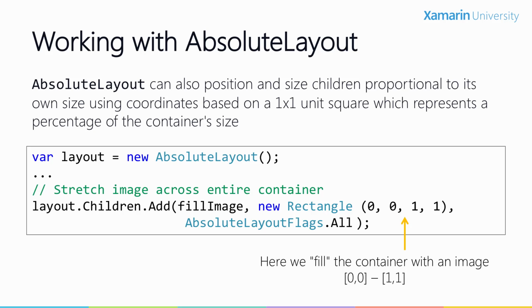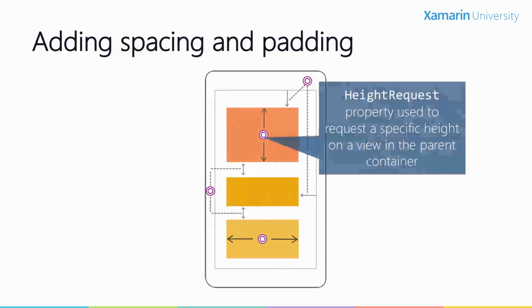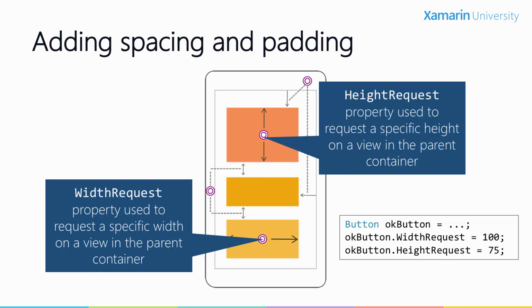But think back to the demo that we saw before. In this UWP project, we had the blue button that stretched the entire width of the screen. The question is, how can we influence the size of a control if it's not embedded into an absolute layout? And the solution is pretty easy. Every control, every view on Xamarin.Forms has got this width request and height request property.